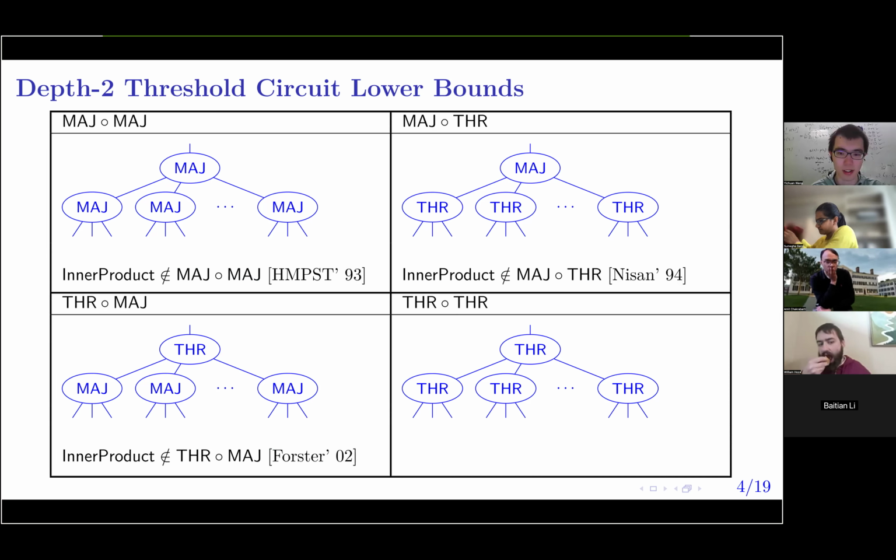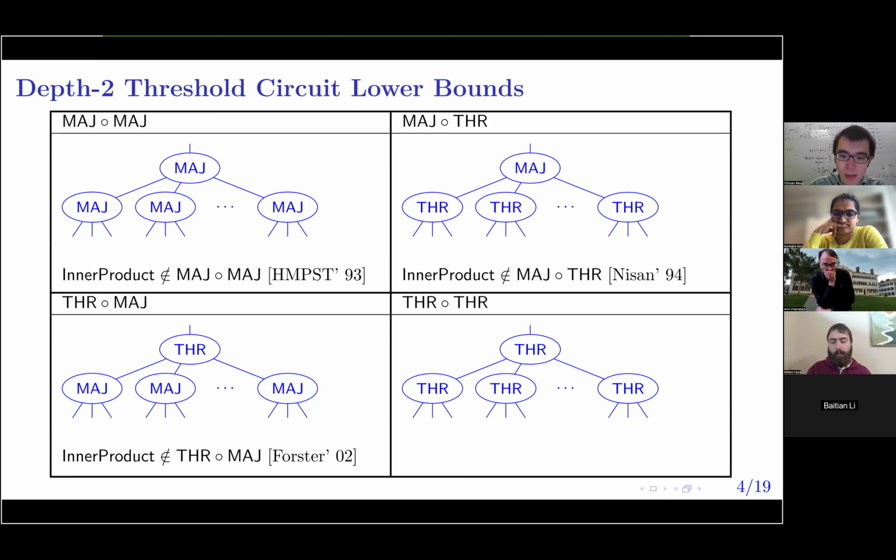You are given input bits, and you interpret them as two vectors of length n/2 over F2, and you compute their inner product. We already know lower bounds against this very explicit function, and they were proved over 20 or 30 years ago. These proofs used some traditional circuit lower bound techniques.